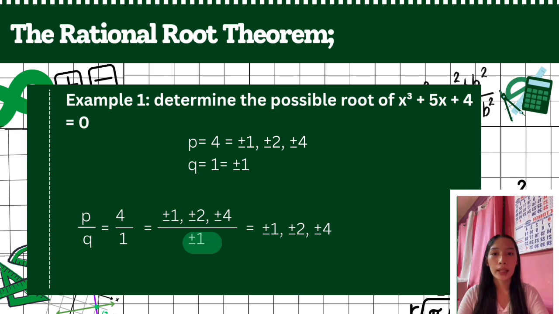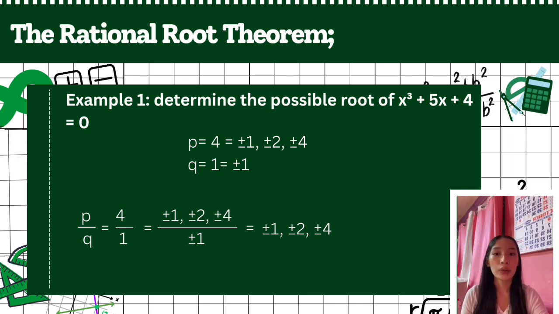Now we can get the possible rational roots of the equation. All we have to do is divide p by q, in symbols p over q. Let's go one by one. First, we divide positive negative 1 by positive negative 1, so that is positive negative 1. That's the first possible rational root.